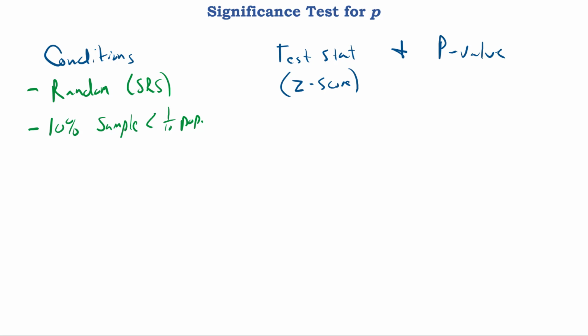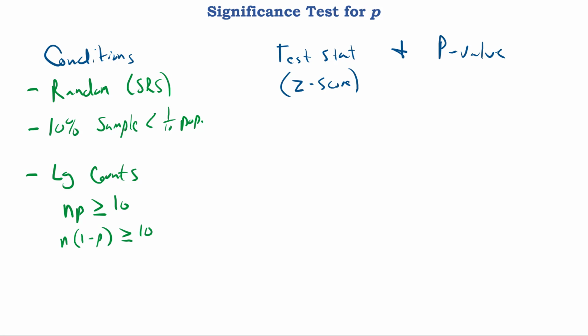The last thing we need to worry about is making sure we have an approximately normal shape in our distribution for our sample. We want to use large counts. So the sample size times your proportion needs to be greater than or equal to 10, and the sample size times 1 minus your proportion has to be greater than or equal to 10.